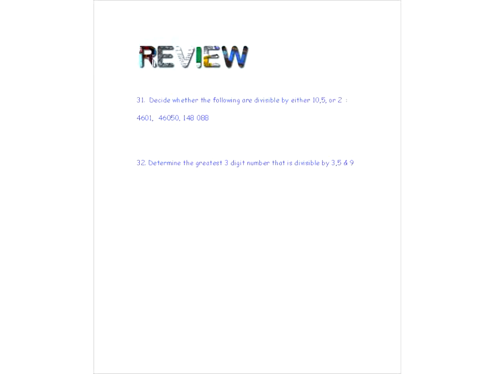Okay, all right, so a bit of a review, guys, over what we've gone over here. We're going to decide whether the following are divisible by 10, 5, or 2. Okay, so what do you think for the first number, 4,601? Is it divisible by 10, 5, or 2? Which one will it be divisible by?